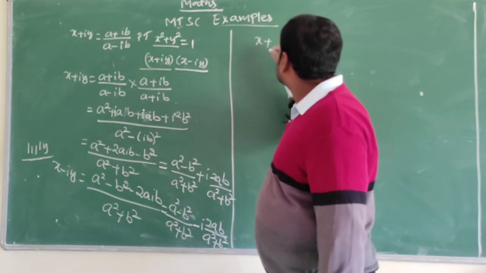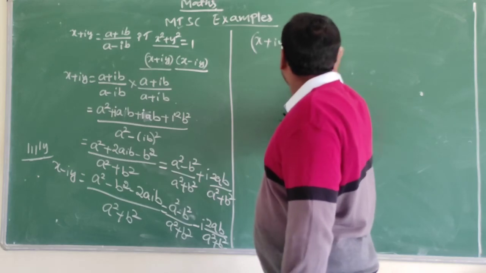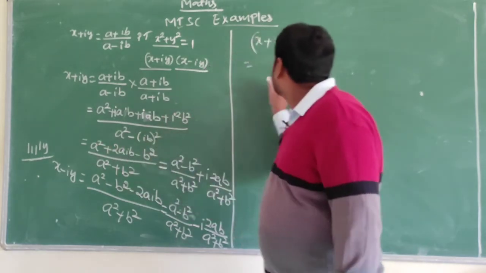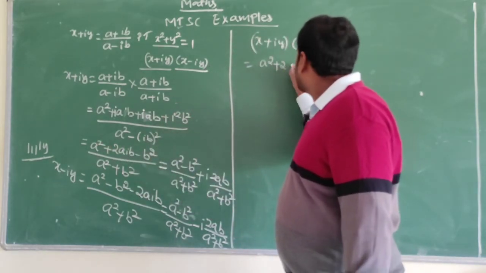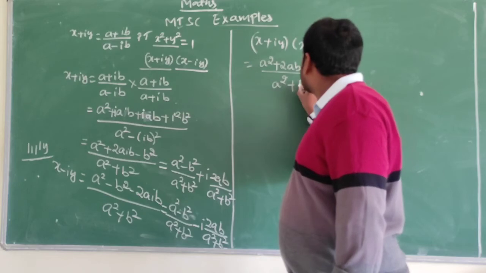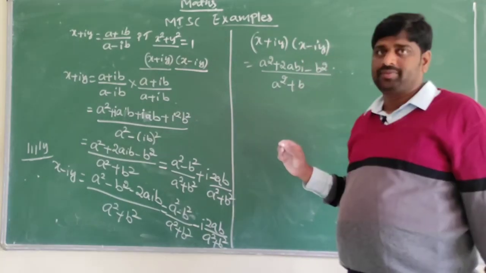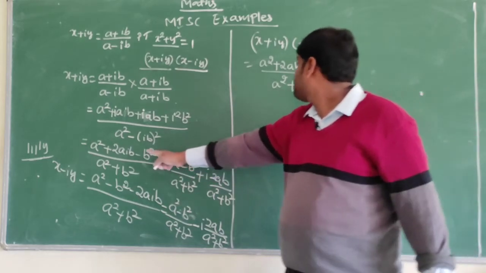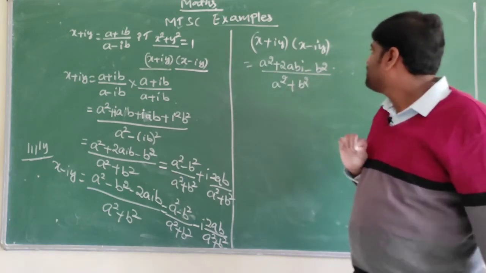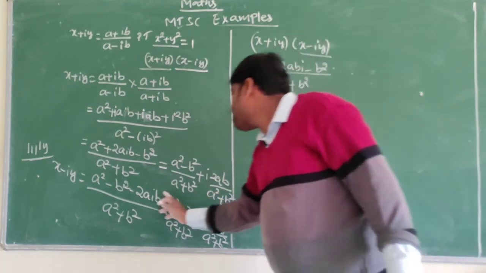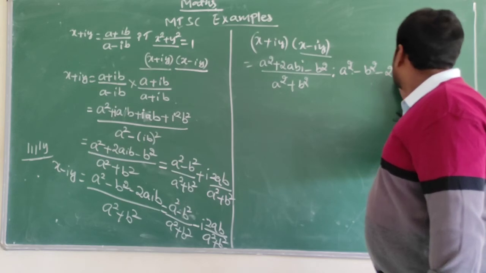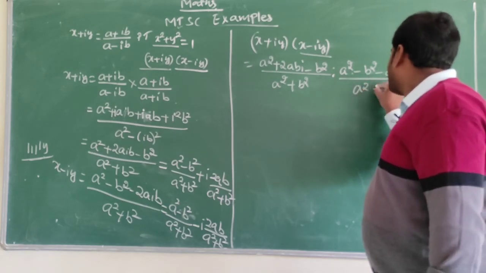For x plus iy I take a square minus b square plus 2abi divided by a square plus b square, and for x minus iy I take a square minus b square minus 2abi divided by a square plus b square.